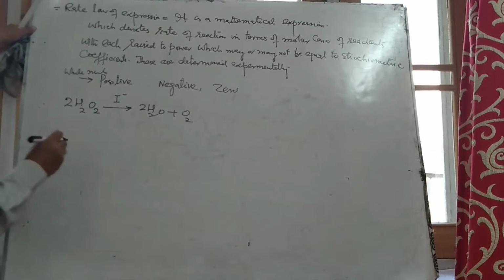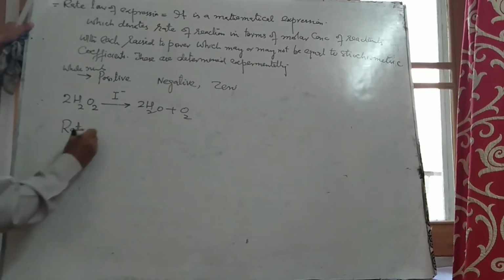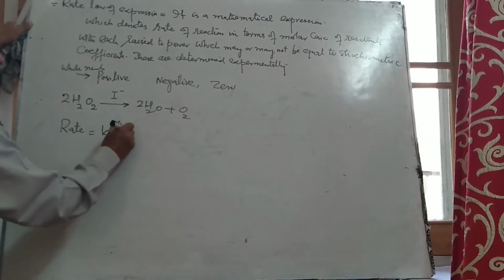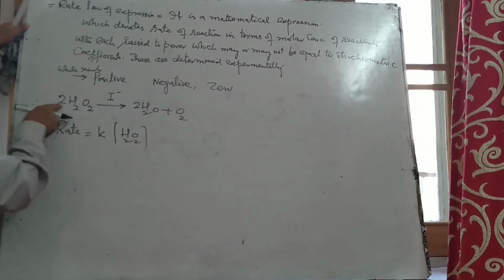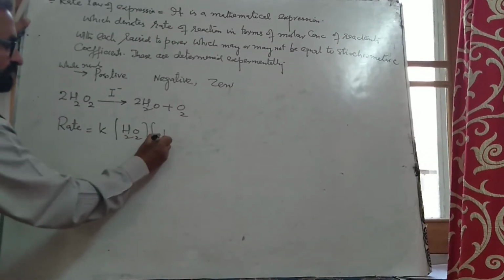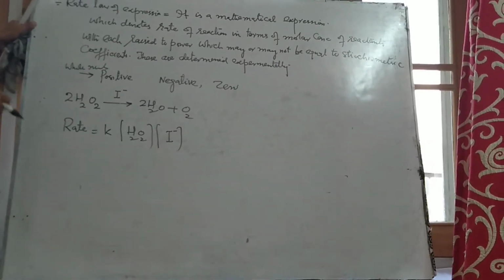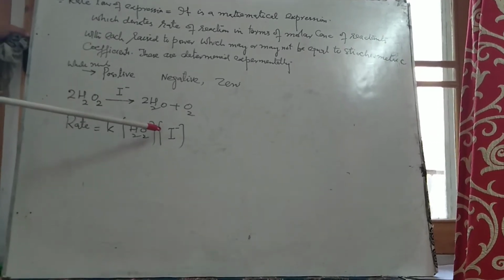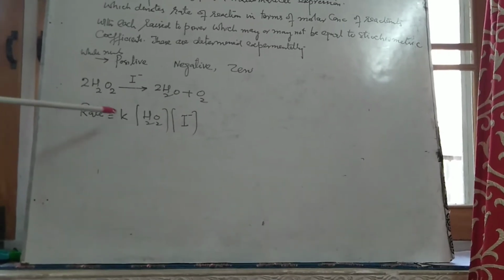In this case, the rate is proportional as per experiment: rate law expression is equal to K concentration of H2O2, not raised to the power of its stoichiometric coefficient, into concentration of I negative ions. That means the concentration of the catalyst, a homogeneous catalyst, this I negative ion, is taken into consideration. So this is the rate law expression.